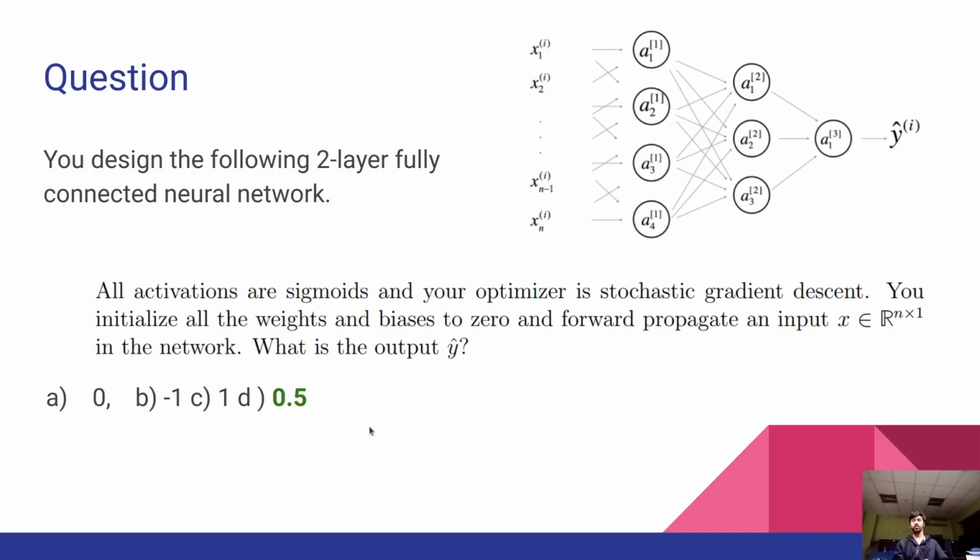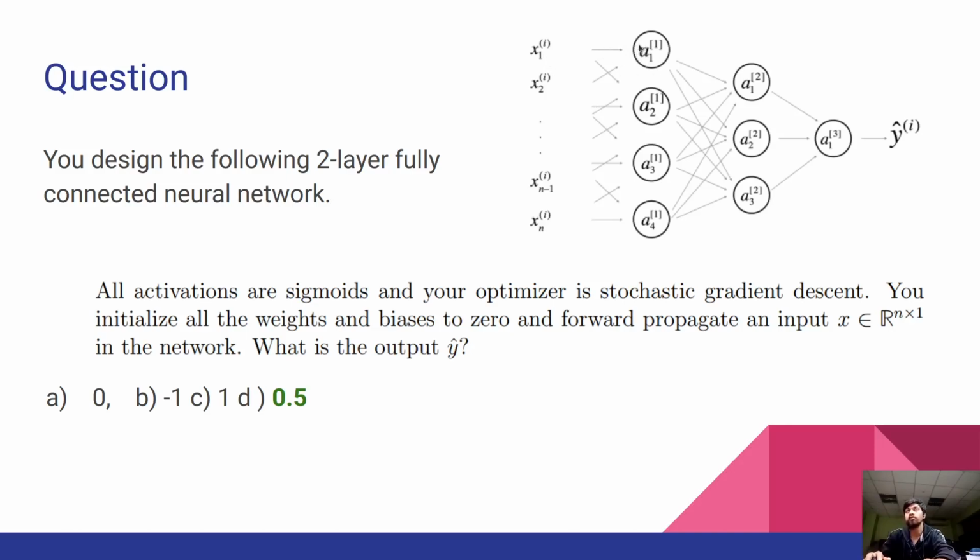So is it clear to everyone? Sir, can you explain it once again? Yeah. So basically in this question we are saying that all the weights here are 0 and all the biases here are also 0. Suppose we have some input here, it doesn't matter what the input is, because we are multiplying it with 0, the output here will also be 0.